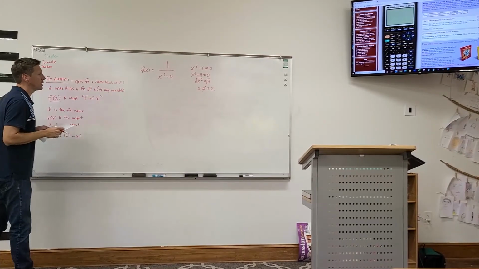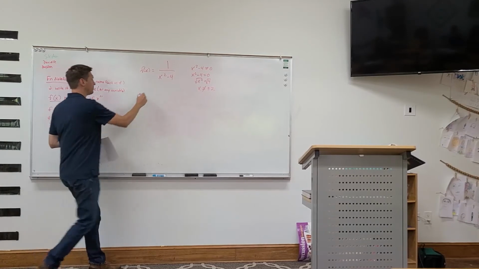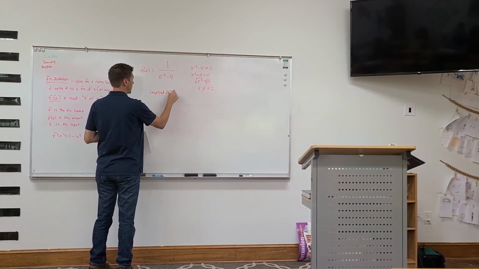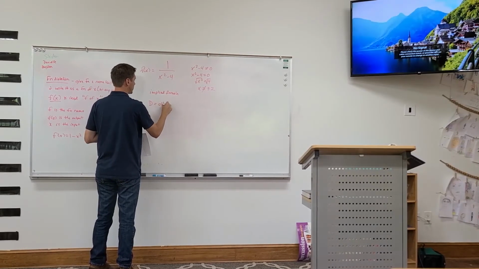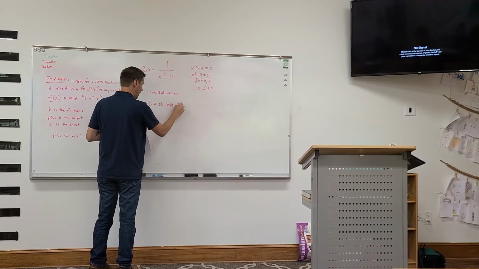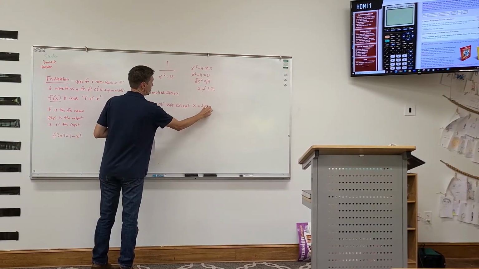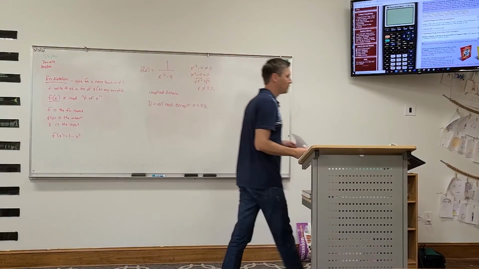So for this particular one, even though they don't give us a domain, there's an implied domain. The implied domain is D equals all reals except x equal to plus or minus 2. That's how we would list the domain for that.